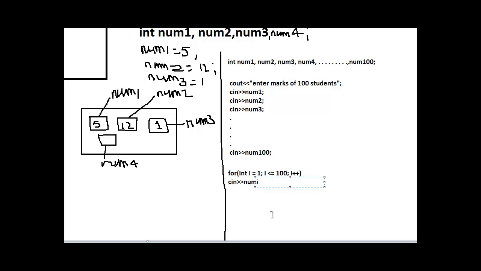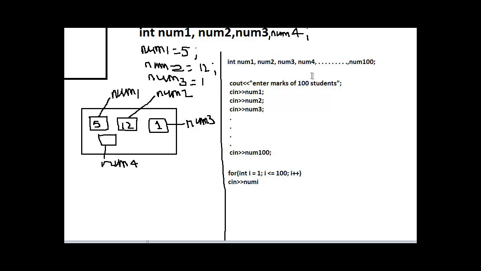So we need to have some tool to deal with such situations. Arrays provide us such a tool so that we can handle these types of situations. First of all, in an array you don't have to write so many names.